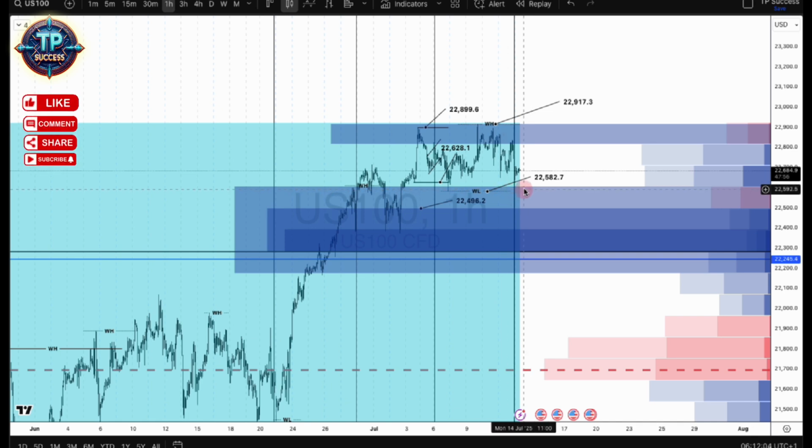At the moment, it's acting as support, but it could turn into resistance. Just like over here, this is how I treat the low volume node areas, right? So as it stands, if price comes into this zone, we might get some kind of sell-off where price could be pushed into the interior of this low volume node.